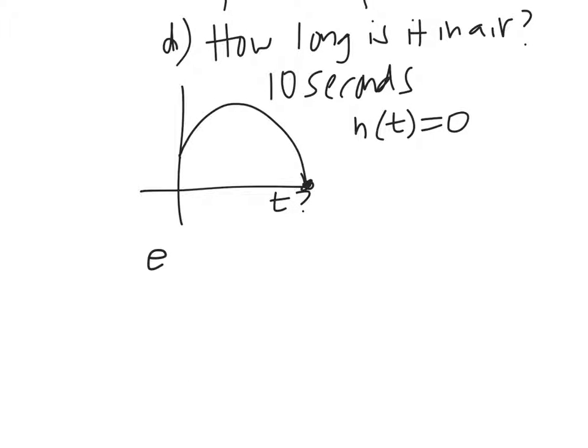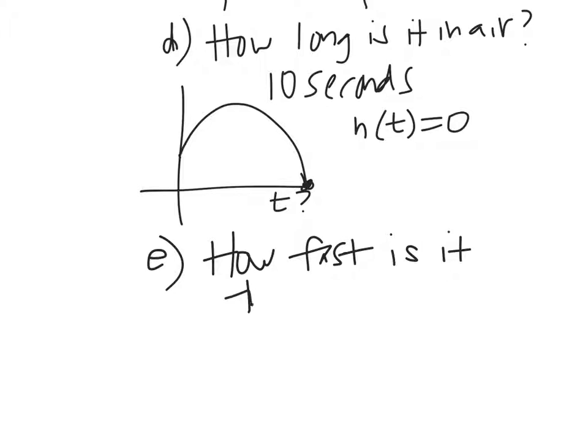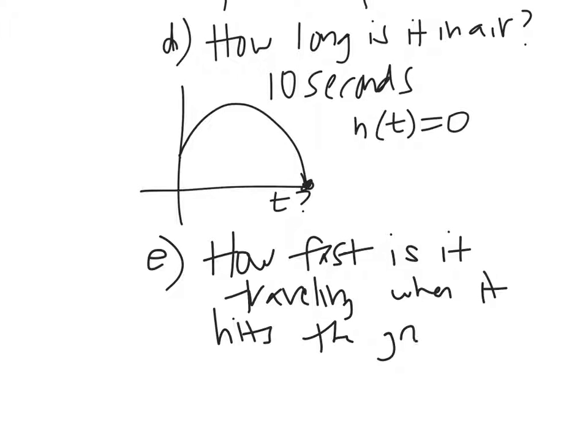How fast is it traveling when it hits the ground? So what's the speed of it? Now, that question is like, whoa, okay, how am I going to find that?